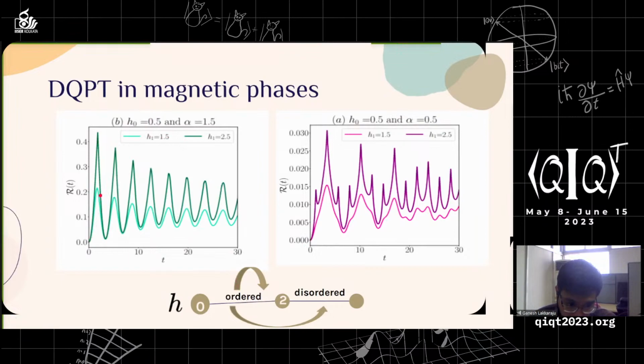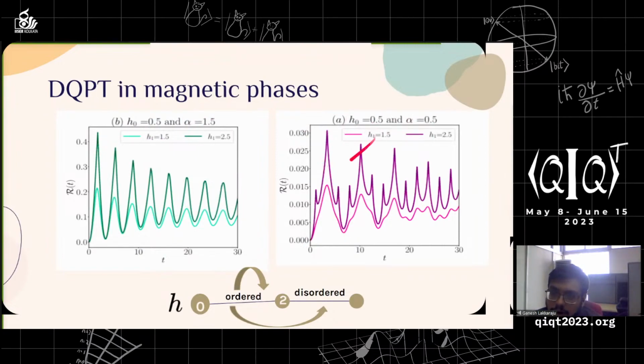the rate function R of t has a very smooth behavior, but whenever it crosses the critical point and quenches to 2.5, it has a very sharp peak, and at these points the model is non-analytic. On the other hand, if I start from 0.5, it does not matter which alpha it is, 0.5 or 1.5, this behavior is quite universal.